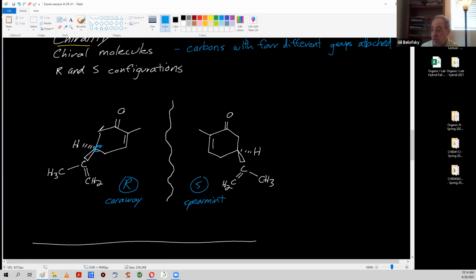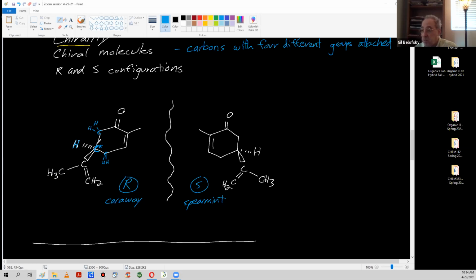So this carbon is attached to a CH2 group right here. Looking at what's directly attached to it, it's attached to a hydrogen. It's attached to this whole group that I'm waving at, and another CH2 here. And so you say, well, wait a minute, those 2 CH2s are not different. How is this carbon attached to 4 different things?